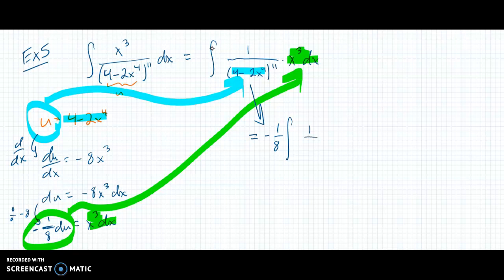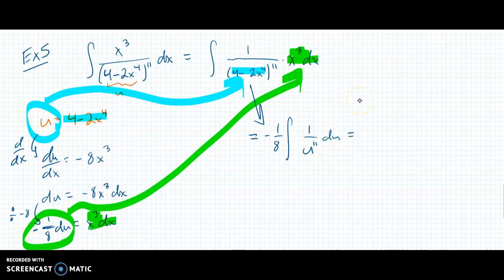And then I get 1 over u to the 11th with a du. You should see that all of the parts of this are in here. The du is this, the negative 1/8 is that, and everything's being multiplied, so it's equivalent. And then I have 1 over u, this guy, to the 11th.